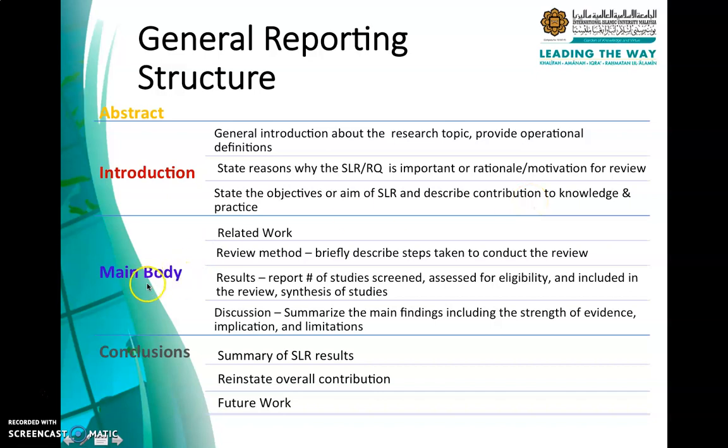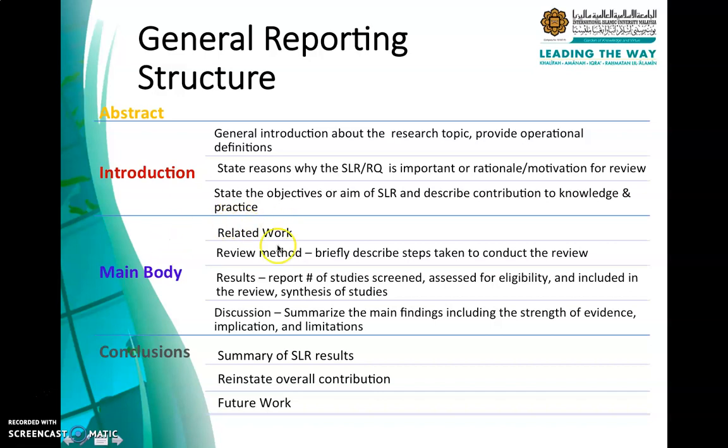So in terms of the main body, after the introduction, it is normally followed by related work. In related work, you can explain what the existing works are that have been done. Maybe you can include some review papers that have been published, or some other SLR or mapping study that people have done in that particular area, or any interesting related work.